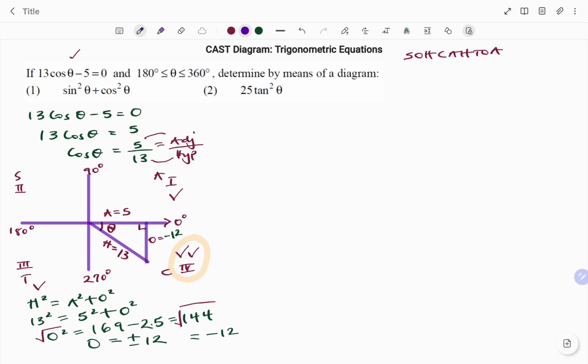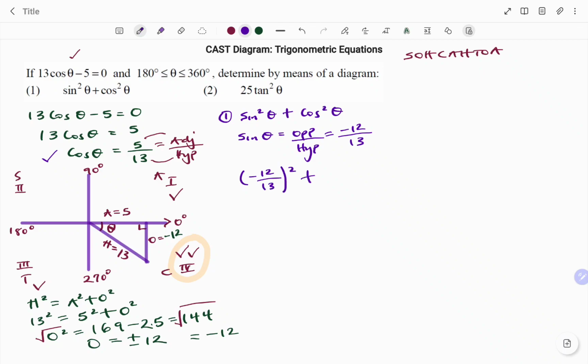The first one says, 1, solve for sine squared theta plus cos squared theta. Sine theta, using our trig ratio, is opposite over hypotenuse. Using the diagram, opposite is negative 12. Hypotenuse is always positive, that's 13. Already, we have the value of cos theta. So putting in these values, sine squared, that's sine times sine, will be minus 12 over 13 all squared, plus cos squared.